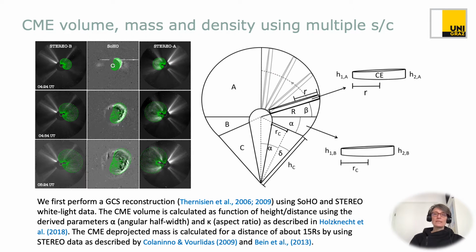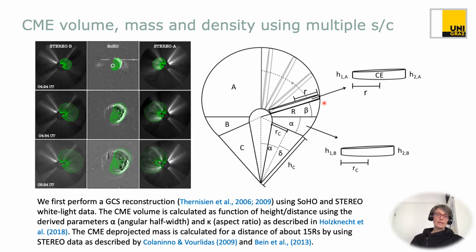So first of all, we start with the derivation of the CME volume. You see here a very well-known technique, a 3D reconstruction using the GCS model, the graduated cylindrical shell model developed by Thernisien and collaborators. So it's an idealized flux rope that is fitted to white light data from different perspectives, STEREO B, SOHO and STEREO A. And on the right hand side you see this idealized flux rope geometry separated into several segments, and using that you can then calculate the volume.